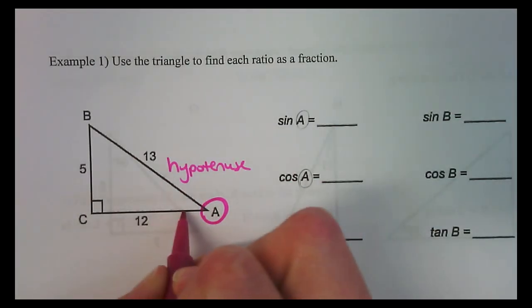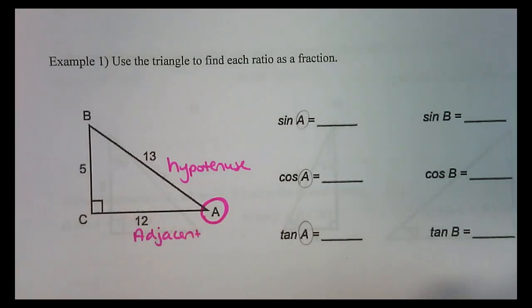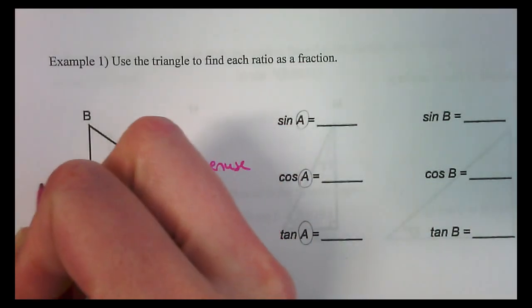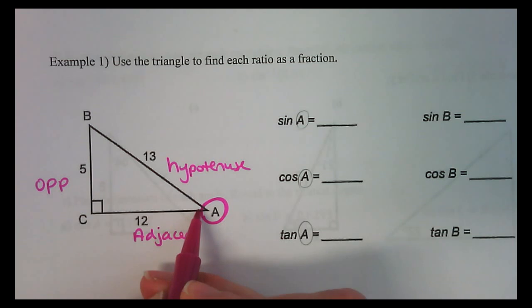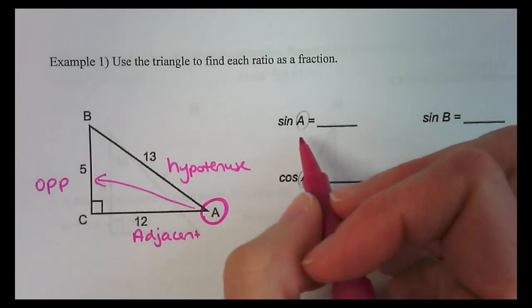This side helps make this angle, so this is adjacent. This side is opposite the angle. I could draw an arrow through this triangle from this angle to this side. That is opposite.